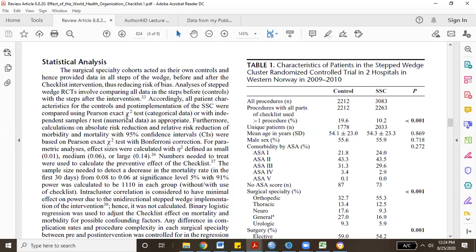But I mentioned last week that the Pearson's exact chi-square may be a term that is unique if you are using the Statistical Package for Social Sciences, which is the SPSS.